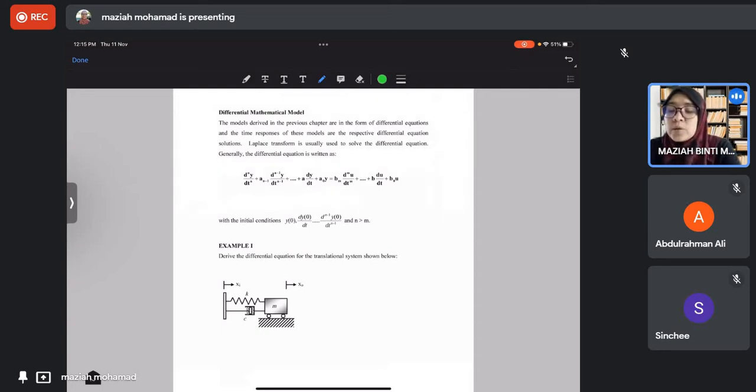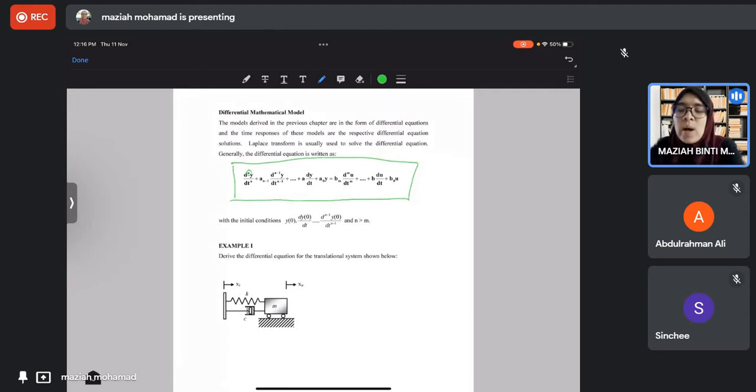When it is related to ODE, we use the Laplace form in order to solve the differential equation. I believe you already know this equation. This is the general ordinary differential equation.